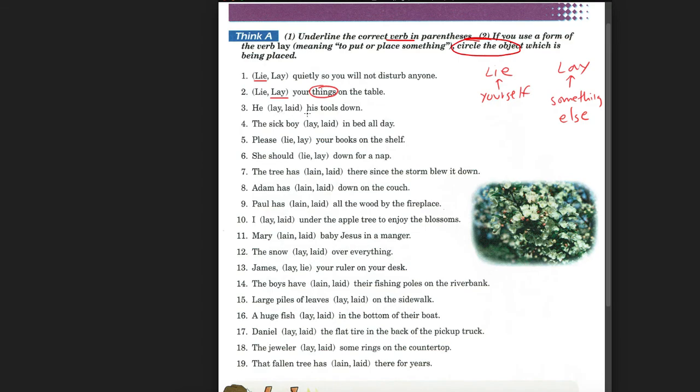Okay, let's do another one. He lay or laid his tools down. First you need to ask yourself: is someone doing it to themselves or doing it to something else? Well, he's putting his tools down. Since he's doing it to something else, we would use lay.